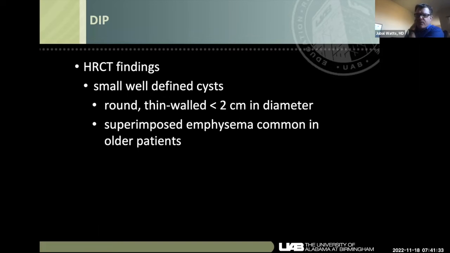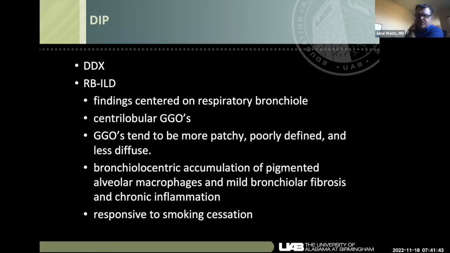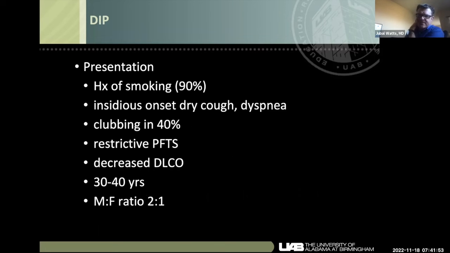You do see the small cysts in areas of ground glass. They tend to be thin-walled, and because it's a smoking-related disease, you'll see emphysema in a lot. And so for the differential, RBILD is kind of the same disease, just limited to the distal airways. So you don't see the diffuse ground glass densities, you just see the centrilobular nodules.